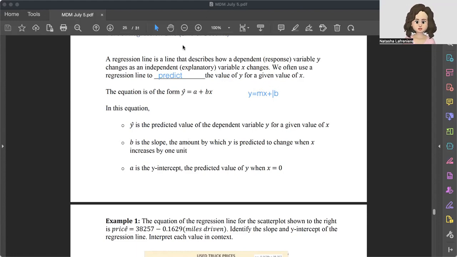And so I'm going to try drawing. Let's see if it works today. Okay. So this is your slope, which is your rise over your run. This is your y-intercept. So that's where it crosses the y-axis. And this is your predicted value.